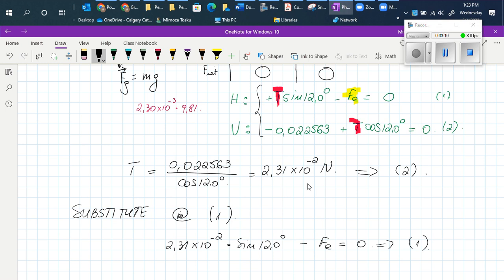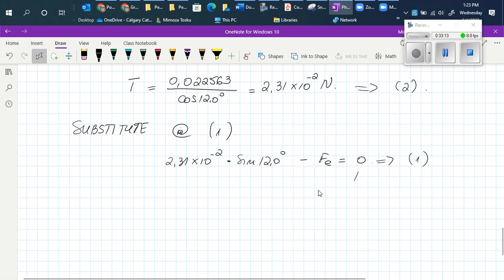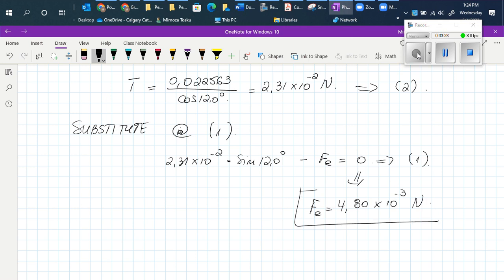And from here, we find Fe, which is 4.80 times 10 to the power of negative 3 newtons. Notice here that we do not identify the direction of this force because we have drawn the free body diagram, so everyone can refer to the direction of the tension and the direction of the electrostatic force.